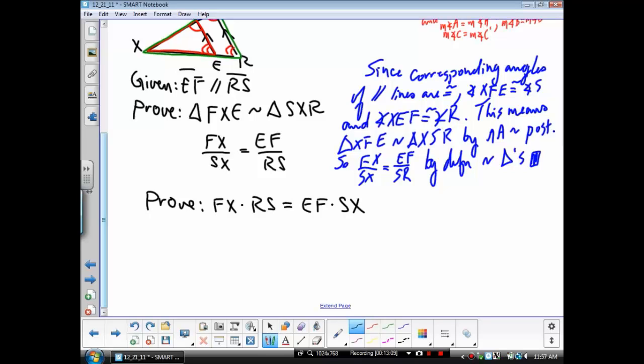What is this right here? It's the means extremes property, isn't it? You see how these two multiplied are your extremes, right? And these two multiplied are your means.